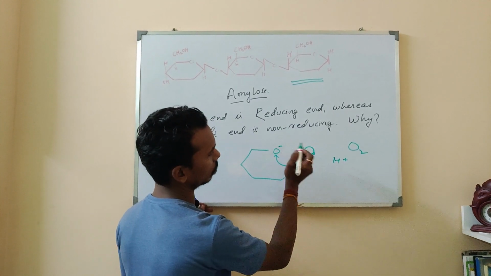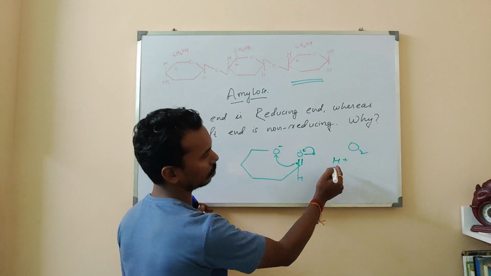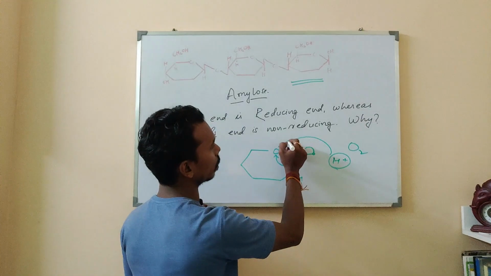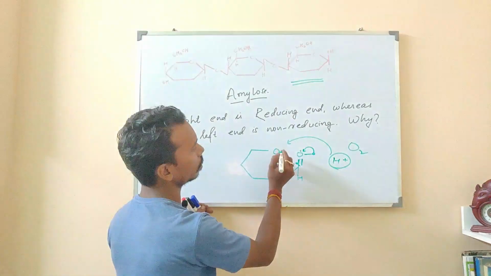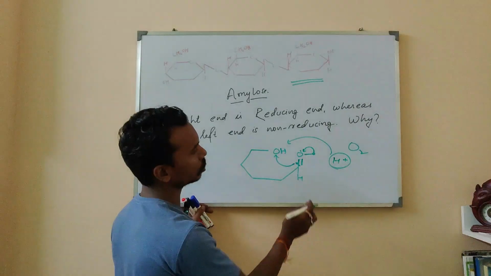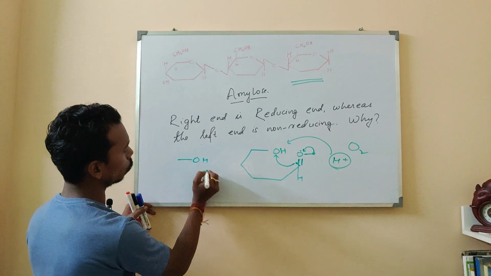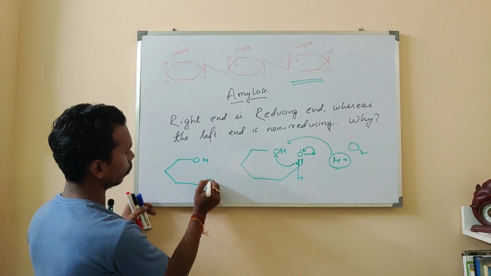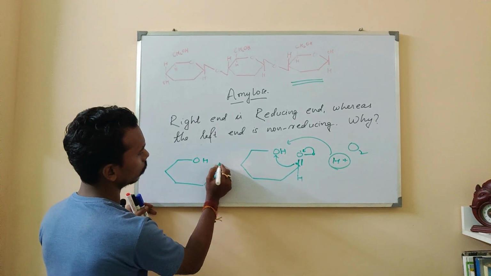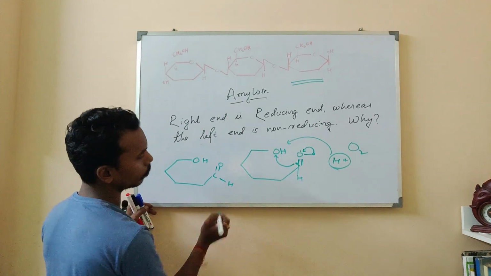This oxygen is negatively charged and the positively charged hydrogen will come and bind with this oxygen and it will become OH. Now this looks like OH and the rest is carbon, double bond oxygen and single bond hydrogen.